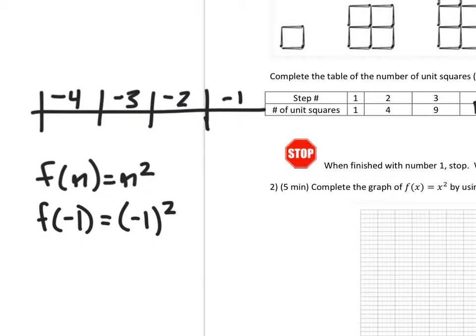What's that? Well, squaring means to multiply by itself twice. So that's the same as -1 times -1. What's -1 times -1? Well, a negative times a negative makes a positive, and 1 times 1 makes 1, so that makes +1. If I input -1 into this pattern, I should get out 1.